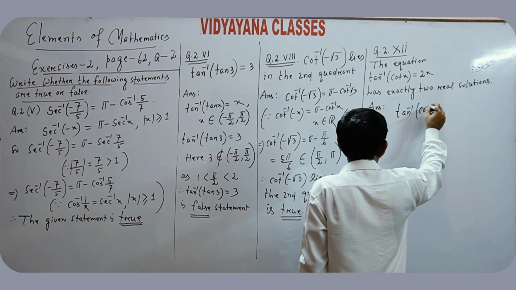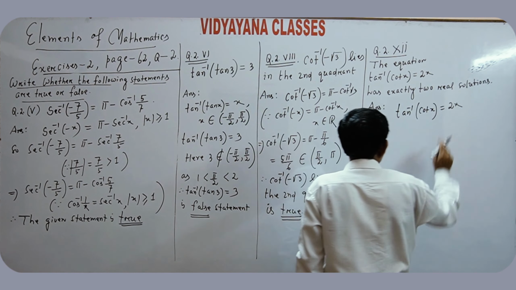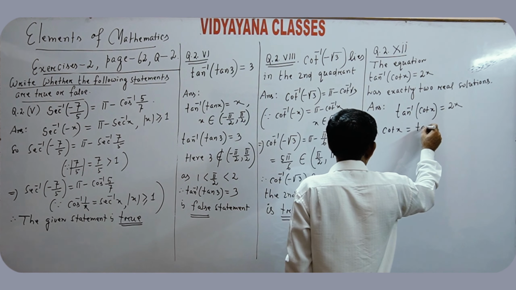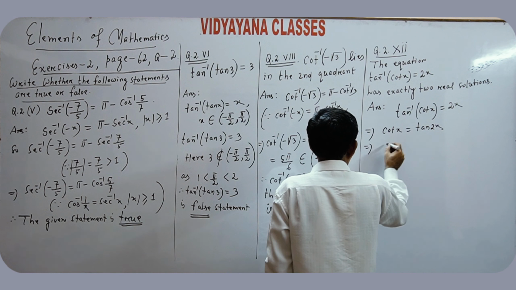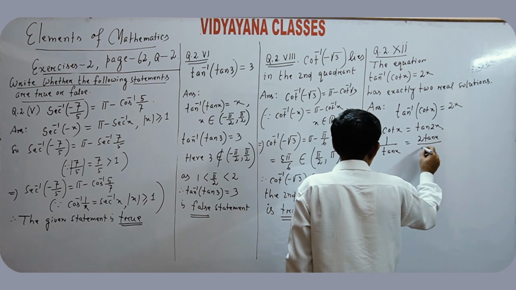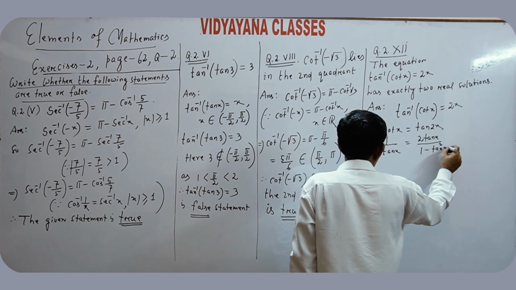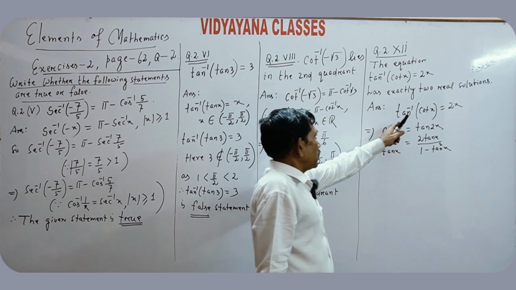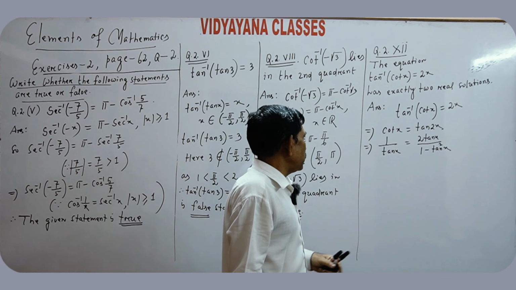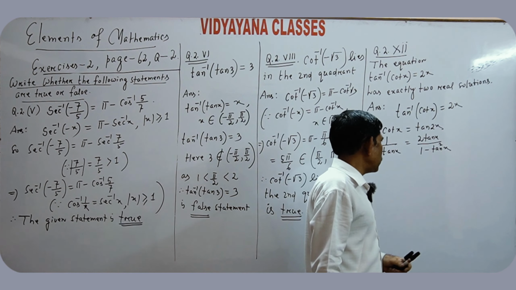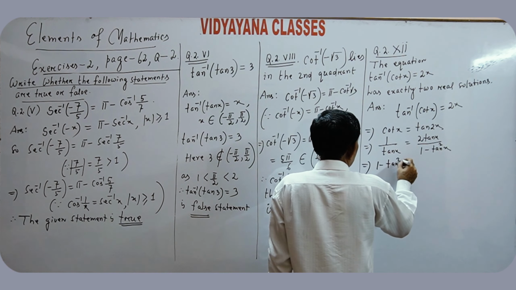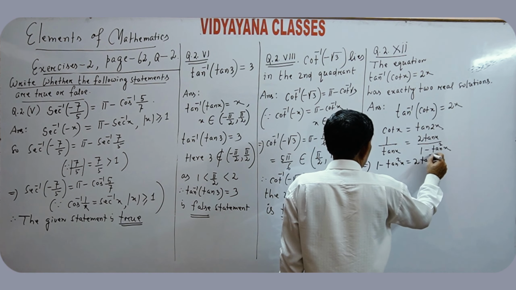Tan inverse cot x is equal to 2x, which implies cot x is equal to tan 2x. Cot x is the same as 1 by tan x, and tan 2x is the same as 2 tan x divided by 1 minus tan square x. By cross multiplication, 1 minus tan square x is equal to 2 tan square x.